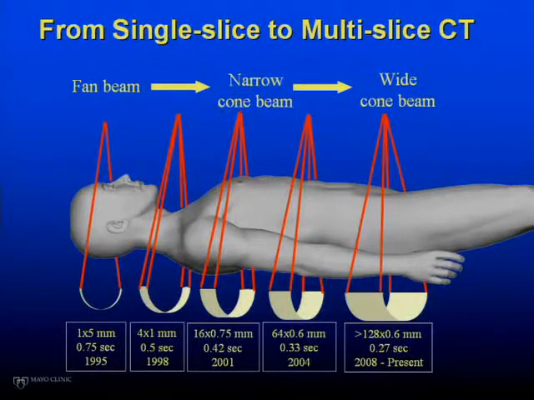And it seems like now this slice race has already stopped. Maybe the reason is that in the state-of-the-art CT scanners, the scanning speed and the image quality are already sufficient for most of the clinical applications.